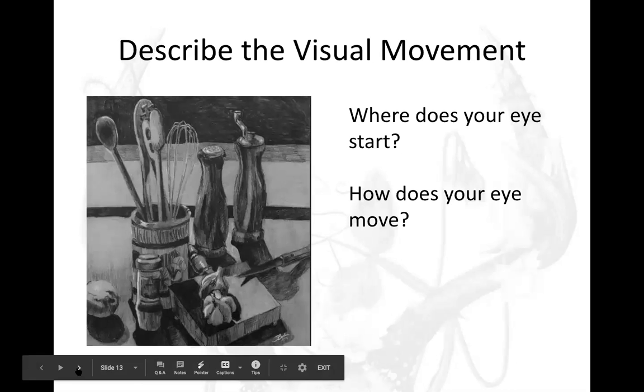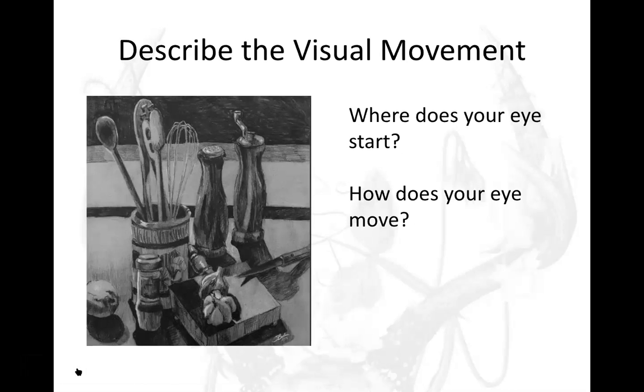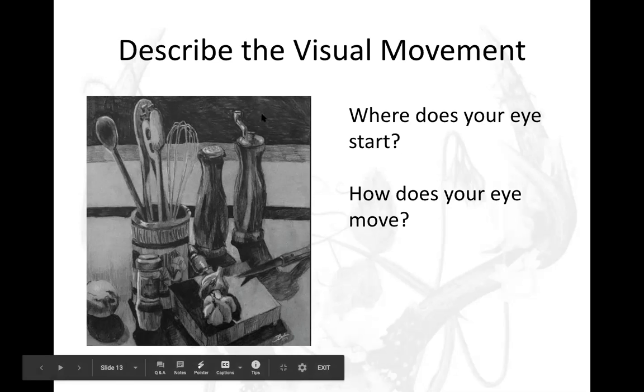Okay. Now this one has some visual movement, right? You guys remember from the toy assignment? How does your eye travel on this one? Who can share? What do you think? My eye personally moves from those grinders or shakers or bottles in the background to the tools and then down to the garlic being cut.